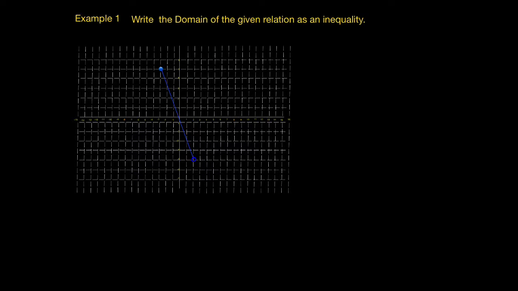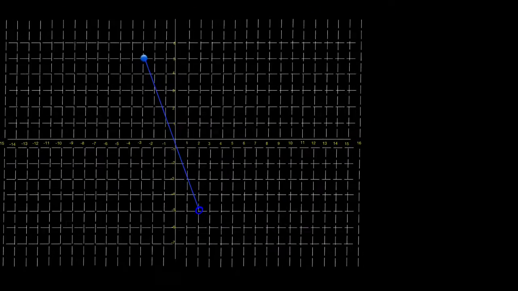So here, example 1, we want to write the domain of the given relation as an inequality. We have this graph right here in blue, and now we want to get the domain of this graph. We're going to do so by getting the endpoints. Okay? And by endpoints, I mean getting the point that is farthest to the left and getting the point that is farthest to the right.